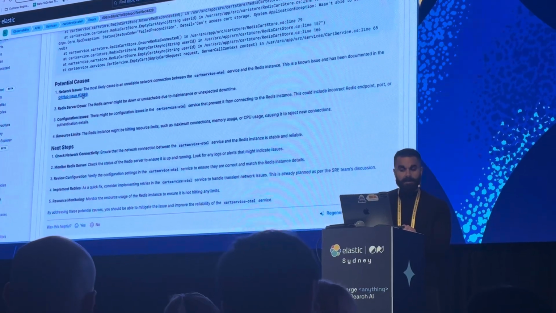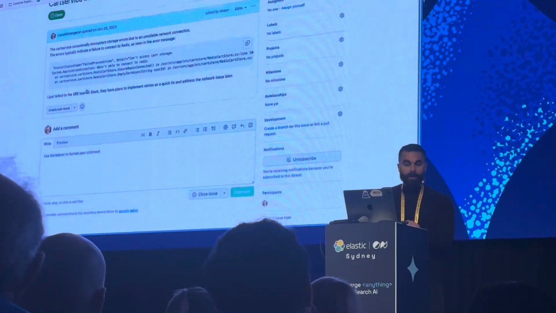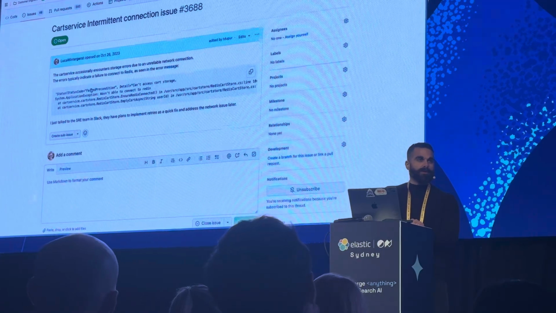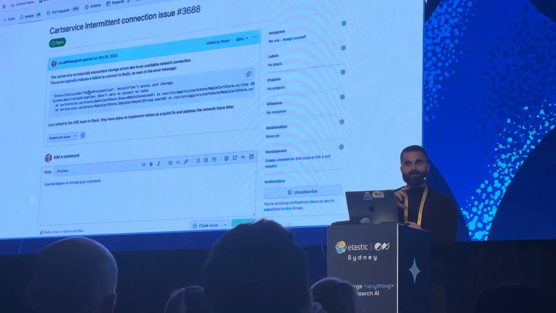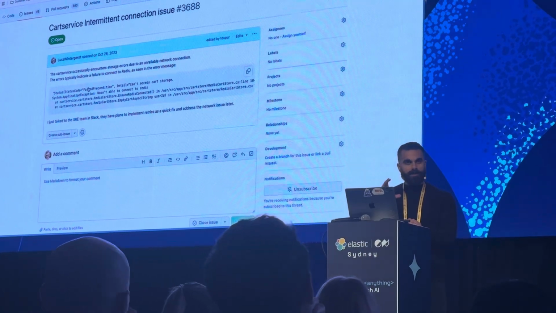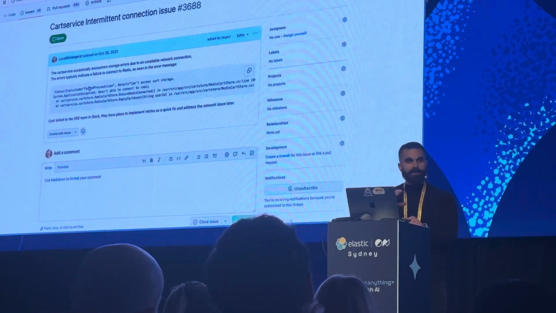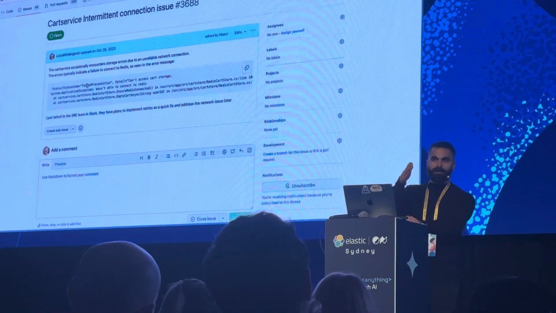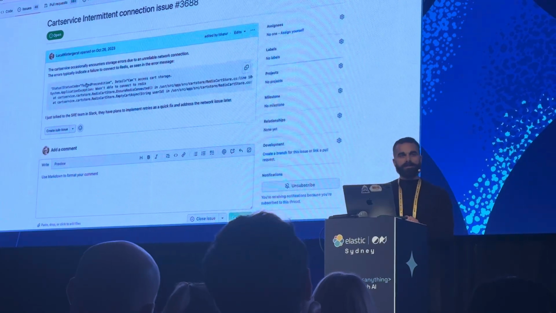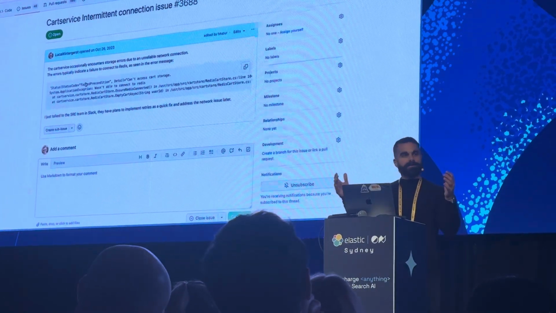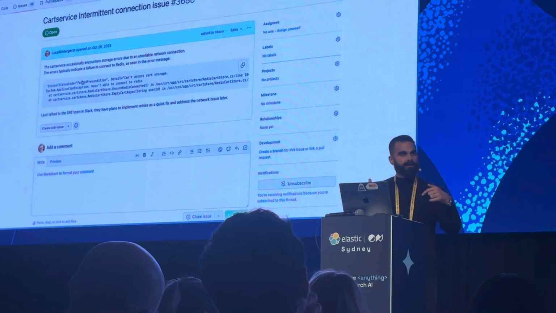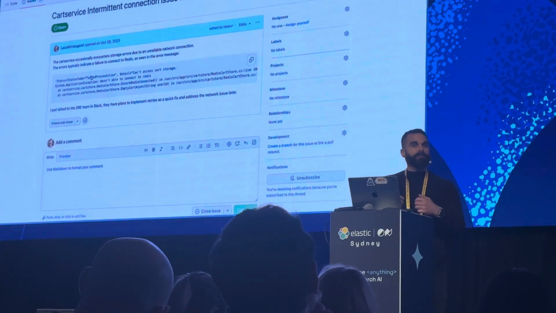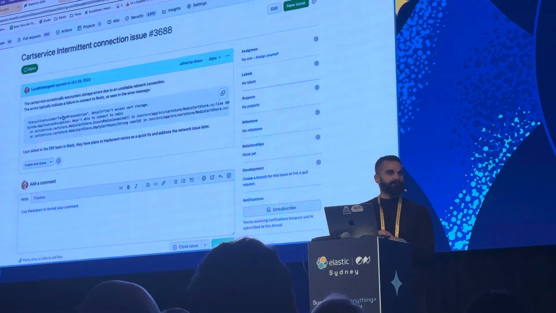And it's nice because it tells you that there was a GitHub issue created some time ago about this specific service, and there was a fix that was made, but it didn't work. So now, as an SRE, I'm getting into the scene, there are errors, and I'm trying to investigate, but the AI assistant is giving me all the context that the extended team has built on this service, so you're not duplicating effort and you know what's going on.